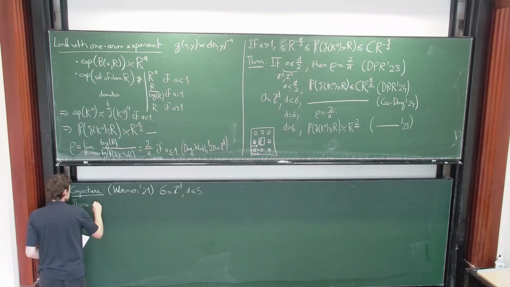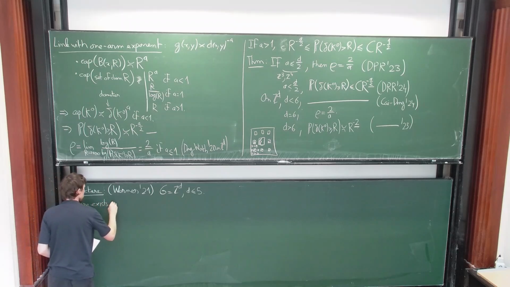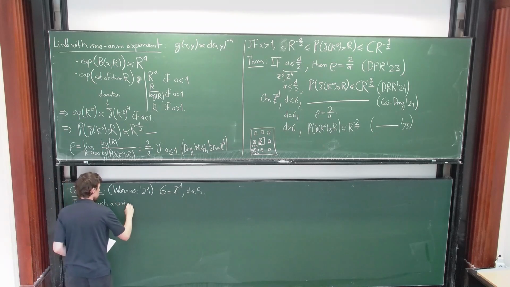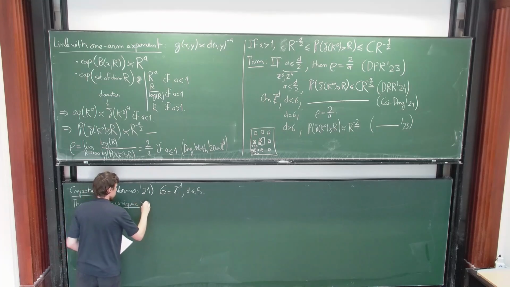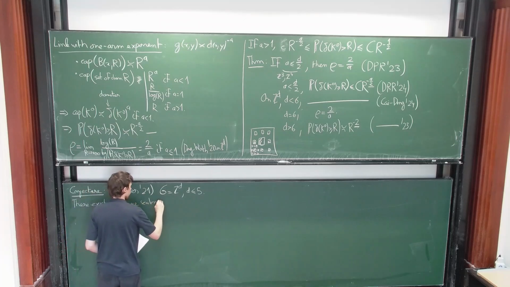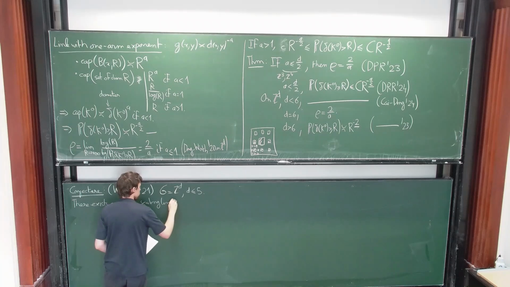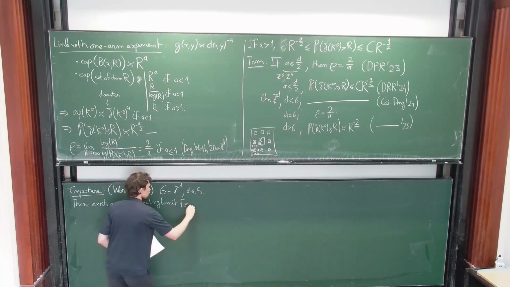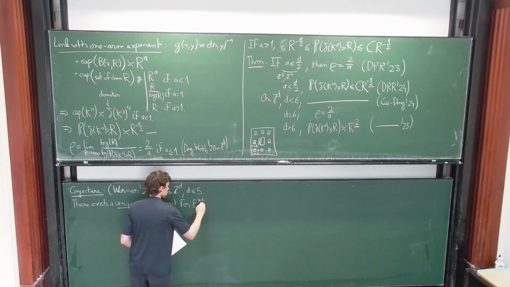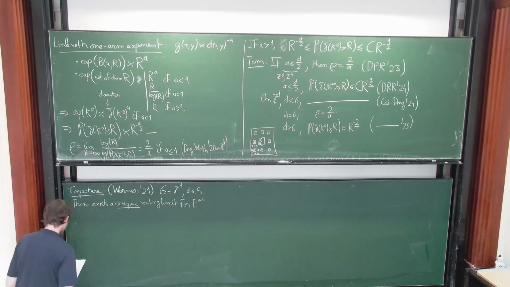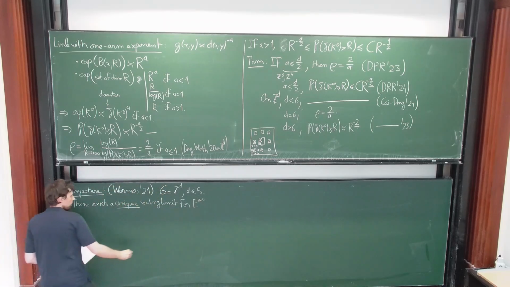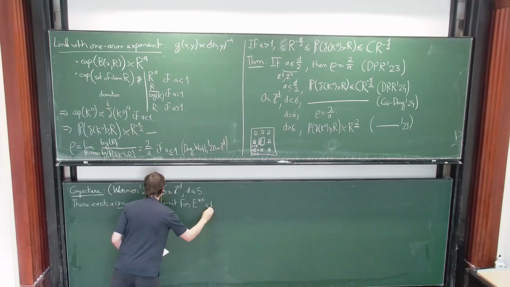So he says there exists a unique scaling limit for my critical cluster. So they converge to something in the scaling limit, and it has the following two properties.